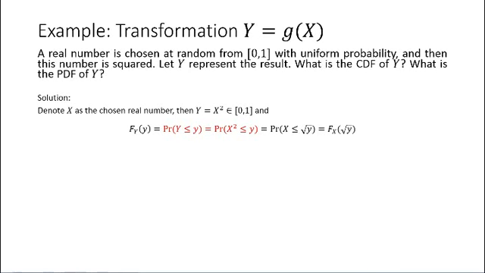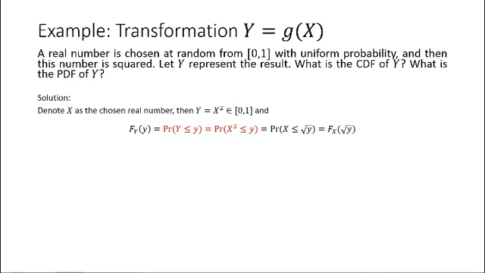Since Y equals X squared, the CDF then equals the probability that X squared is less than or equal to small y. Since all we are concerned about lies between 0 and 1, the function Y equals X squared has an inverse function X equals square root of y.